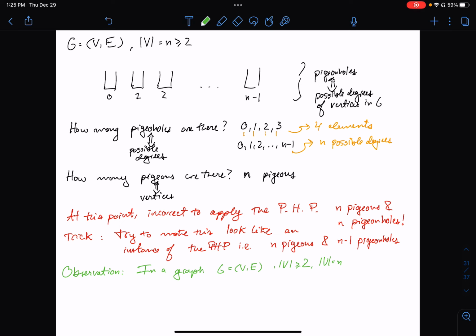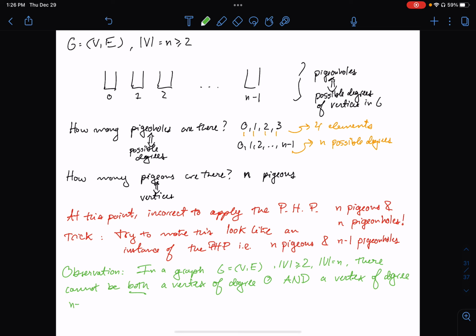So in a graph G with n greater or equal to 2 vertices, there cannot be both a vertex of degree 0 and a vertex of degree n minus 1. Okay, this is the additional crucial observation, I would say. So this is the crucial observation that's going to allow us to use the pigeonhole principle.